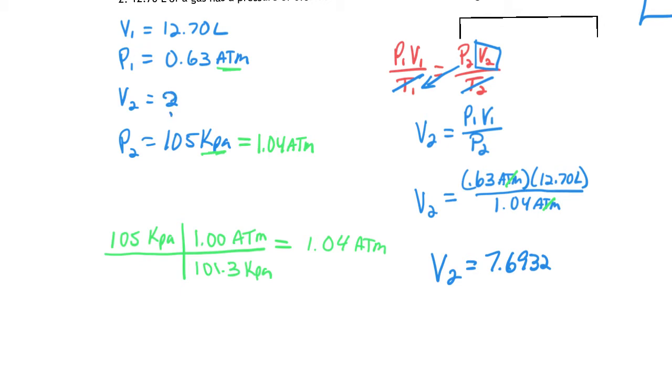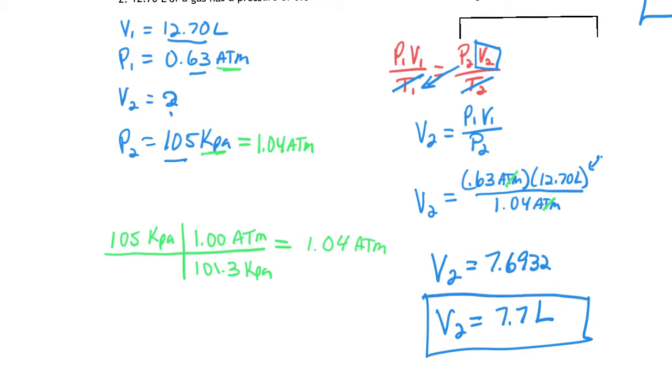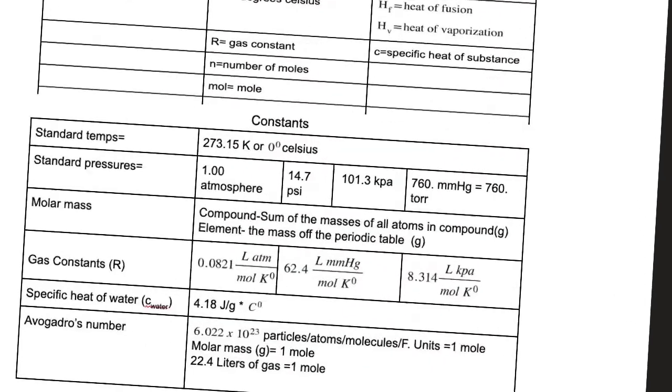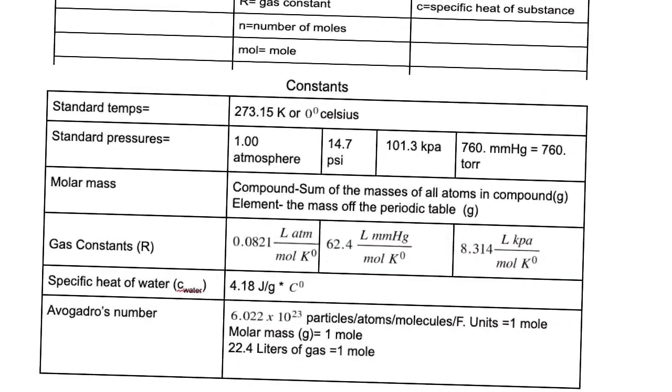Here we've got 4 significant figures, here we've got 2, and here we've got 3, so I have to have 2 significant figures in my answer. So V2 will be equal to 7.7. Liters is the unit I'm left with after I cross everything out, so the volume is going to be 7.7 liters.